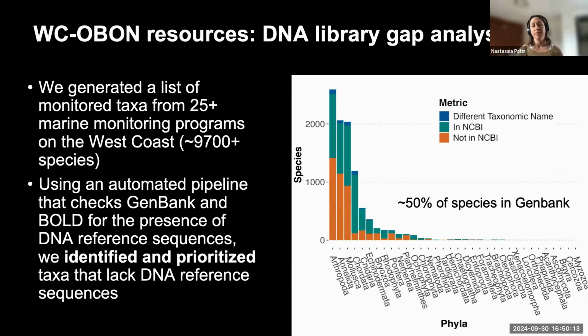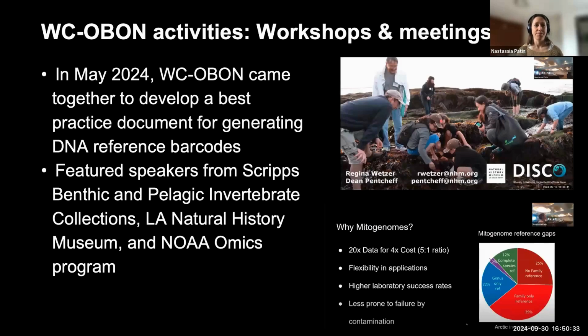What we found is that about 50% of species that are considered high priority monitoring targets have no marker genes in GenBank. This was a really valuable finding and is guiding us forward as we think about how we start to improve our reference libraries and prioritize efforts on that front.